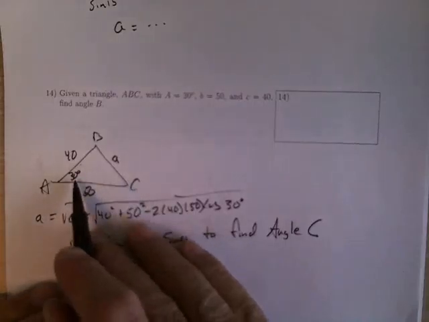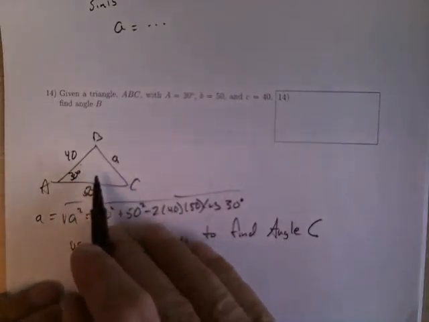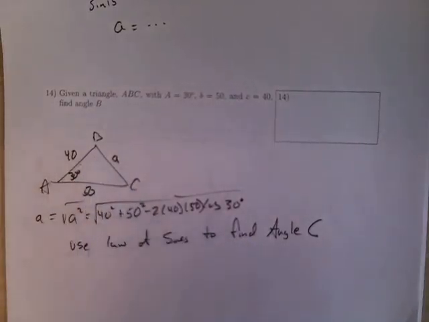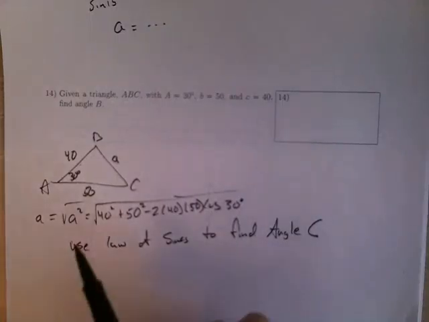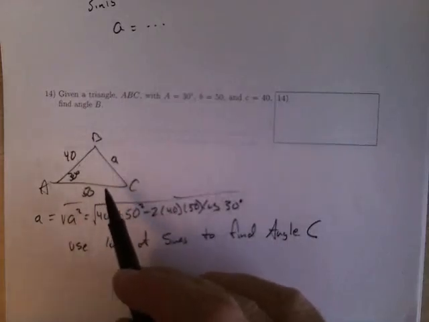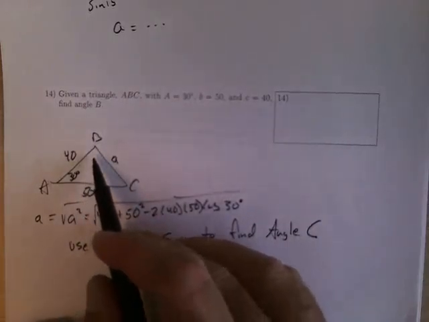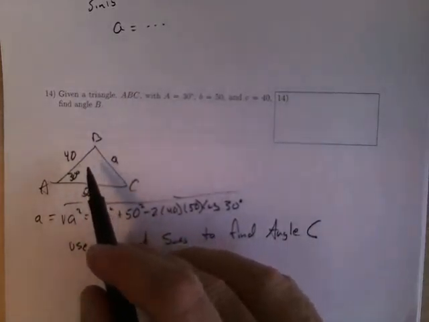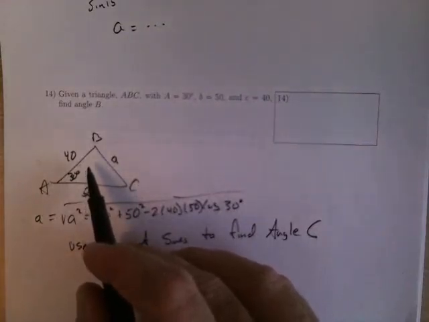Then do 180 minus this minus that to figure out what B is, and you'll find that actually B is bigger than 90 degrees. It's like 97. So this is not the ambiguous case because the information determines only one triangle. But when you use the law of sines to find an angle, you're setting yourself in the ambiguous case, even if you shouldn't be in it.